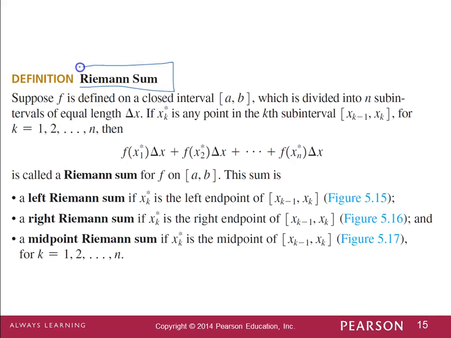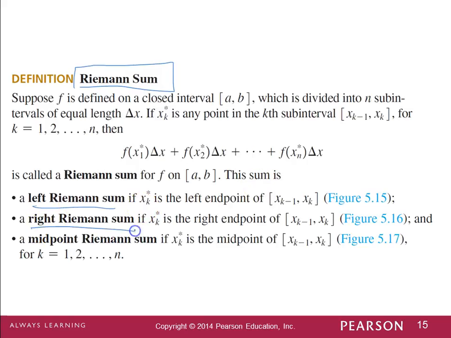Riemann was a mathematician who came up with this technique. He came up with a way to approximate area with a left-handed sum, a right-handed sum, and a midpoint sum, and they all have their own advantages. In a left Riemann sum, we use all the left endpoints, and we'll see what we mean by this in a moment with an example.